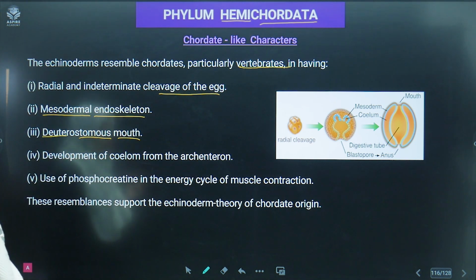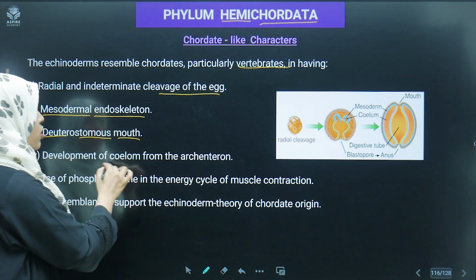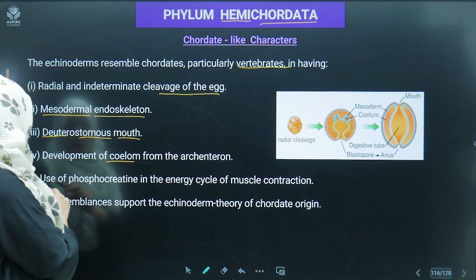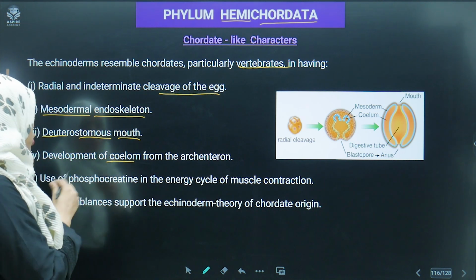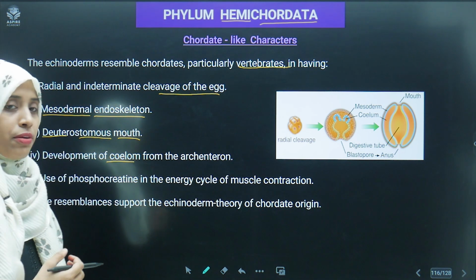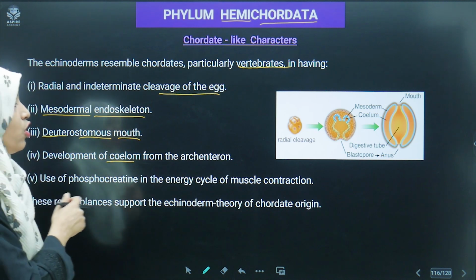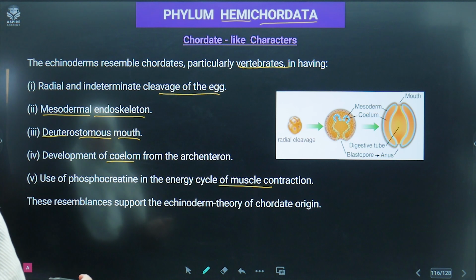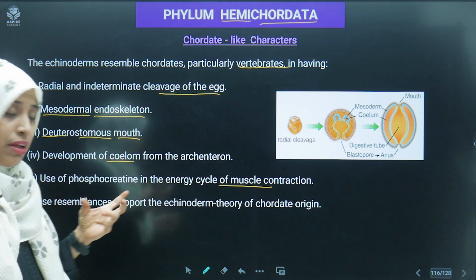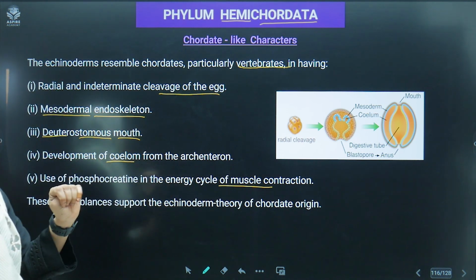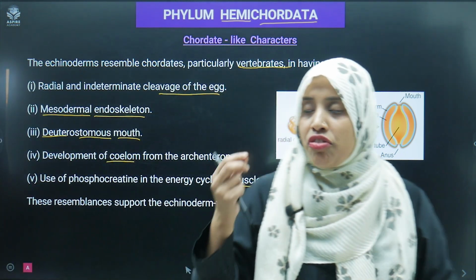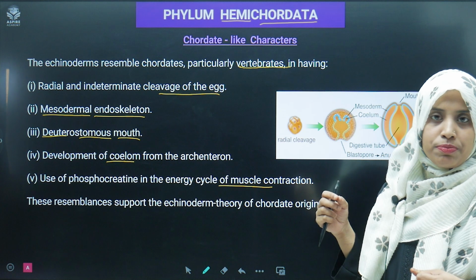How is the mouth? Deuterostomous, like the development of the coelom from the archenteron. Okay, this is also a feature. And another one, the use of phosphokeratin in the energy cycle of muscle contraction. Okay, so these resemblances support the echinoderm theory of chordate origin. That means chordates have originated from echinoderms.